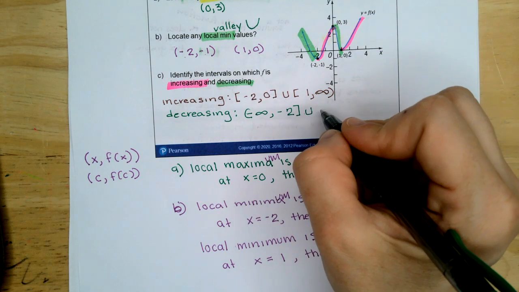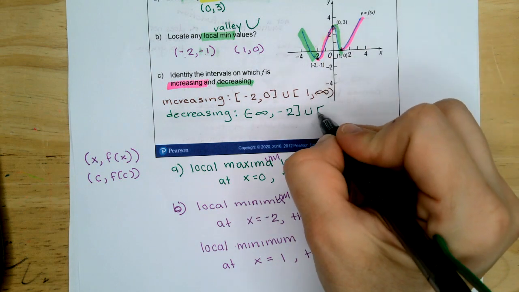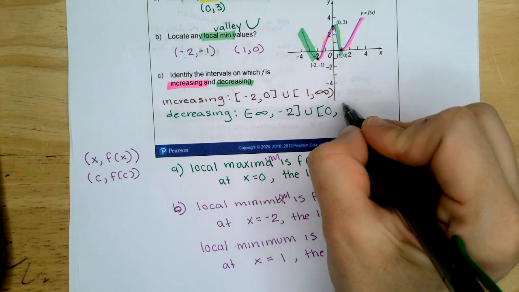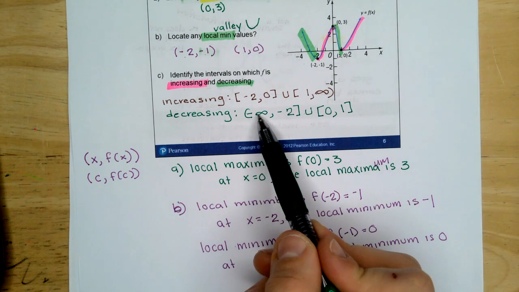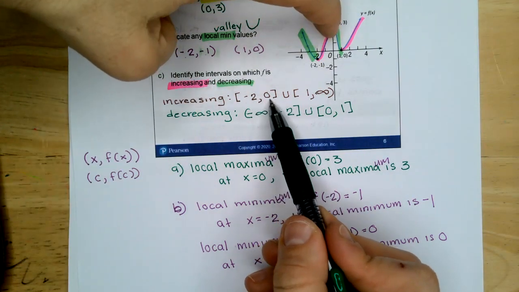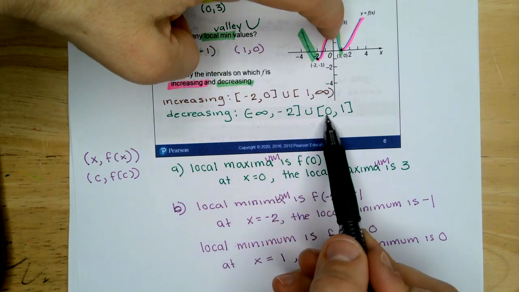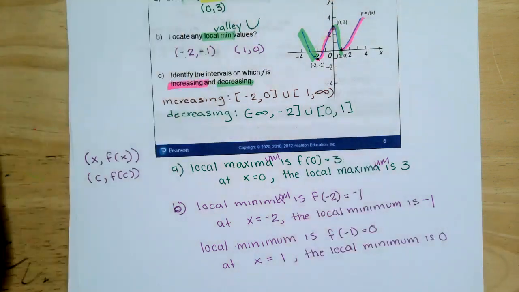It's either a union or a comma, and from x equals 0 to x equals 1. And then you see a pattern. From -infinity to -2, it's decreasing. From -2 to 0, it's increasing. From 0 to 1, it's decreasing. And from 1 to infinity, it's increasing. So we've covered all of it.